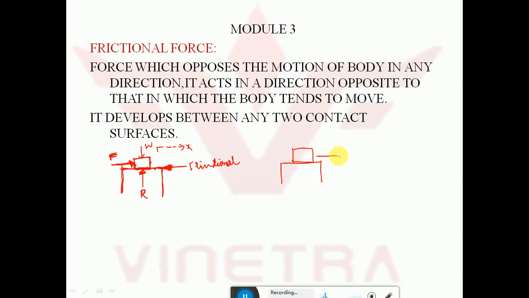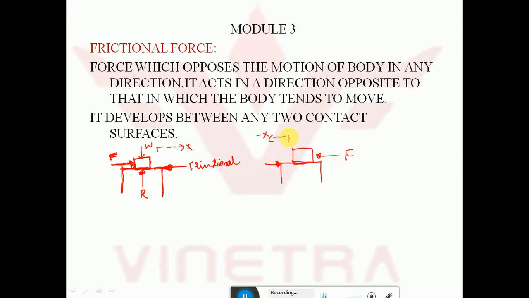And if I apply force in this direction, the frictional force developed will be in this direction, and it opposes the motion of the body in the negative x direction. So in any direction it opposes. It acts in a direction opposite to that in which the body tends to move.